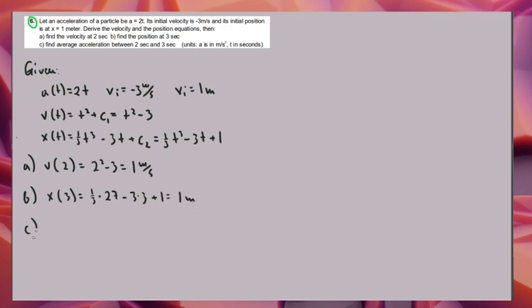And then C is find average acceleration between 2 and 3 seconds. Remember the definition for these averages is delta v over delta t. So I'm looking for the average between 2 and 3 seconds: v at 3 minus v at 2, divided by 3 minus 2. Plugging in, I have 3 squared minus 3 minus 2 squared minus 3, divided by 1.